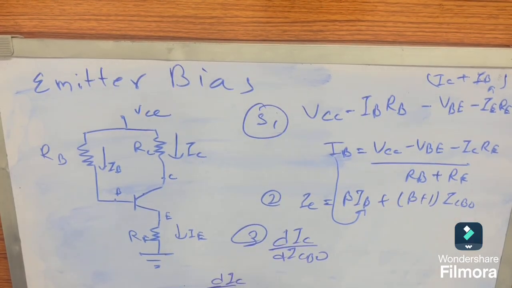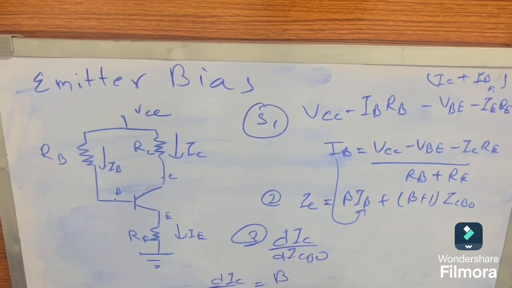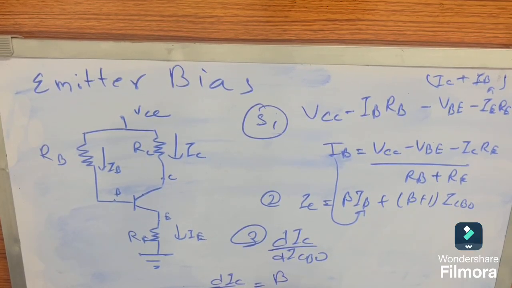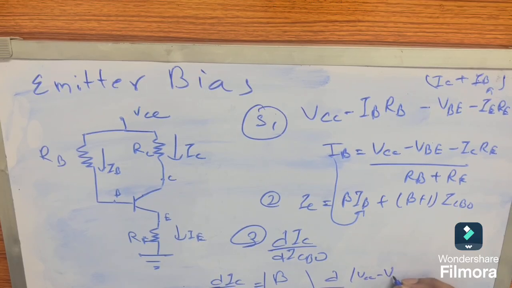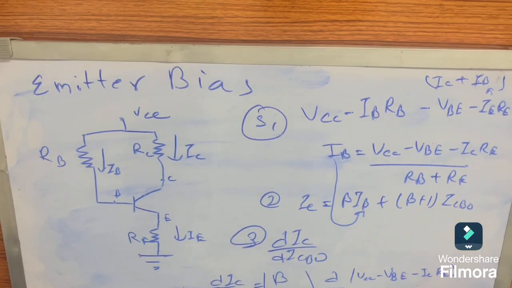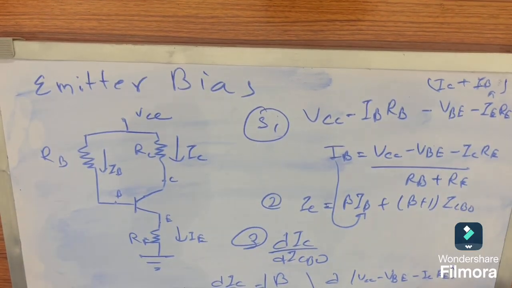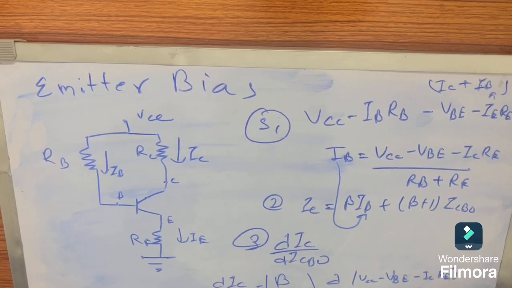So dIC by dIC equals beta by (RB plus RE) times d by dIC of (VCC minus VBE minus IC RE), plus (beta plus 1) times the differentiation of ICBO by IC.